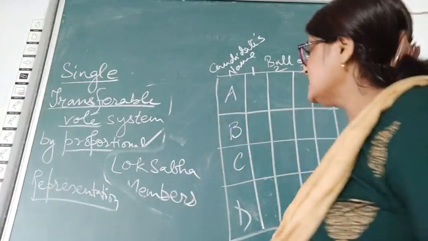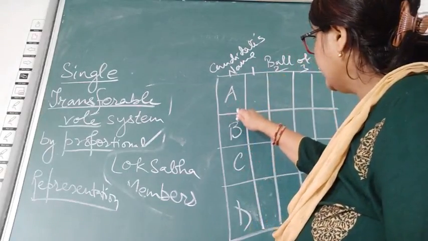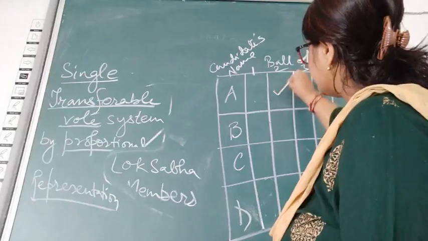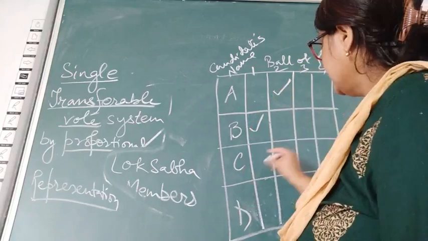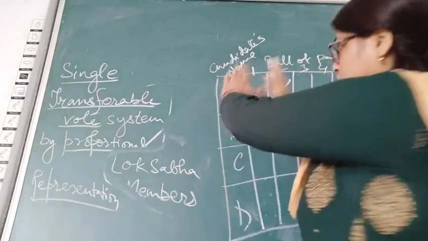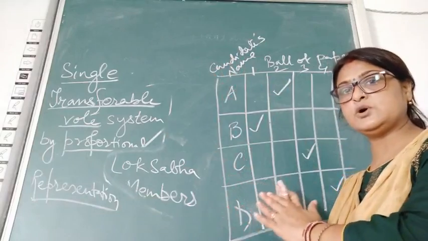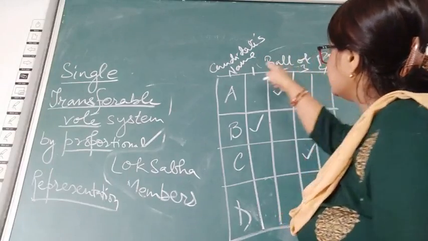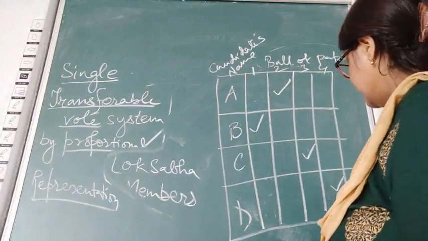For example, somebody voted for A. He gave the candidate A the preference 2, B 1, C 3 and D 4. This is I am talking about one person, one member of electoral college who is casting his vote through a secret ballot. This is secret ballot. The ballot paper looks like this.